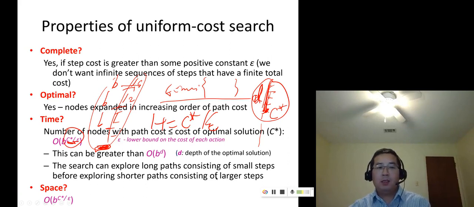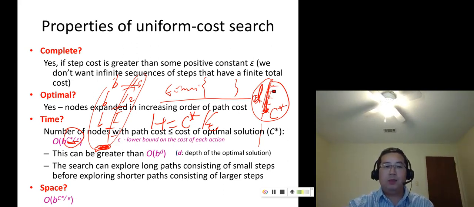So the search can explore long paths consisting of small steps before exploring shorter paths consisting of larger steps. So this idea is like we mentioned, small steps and then larger steps.